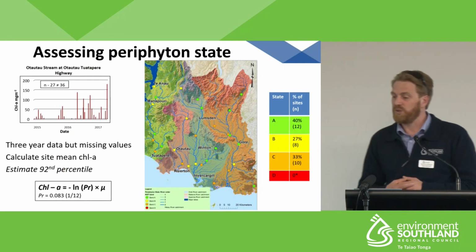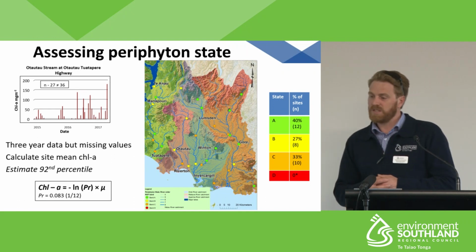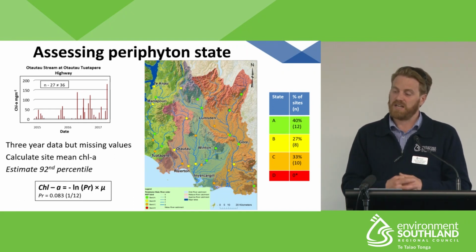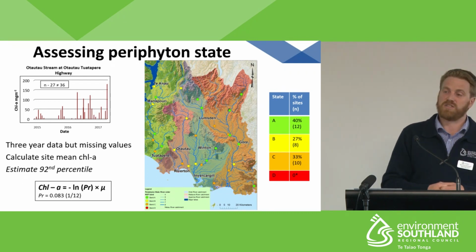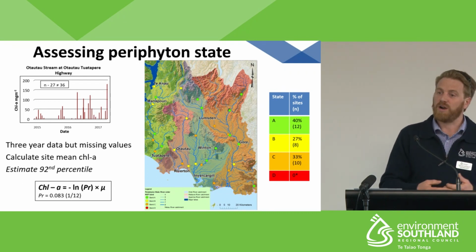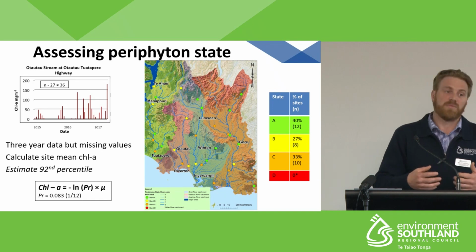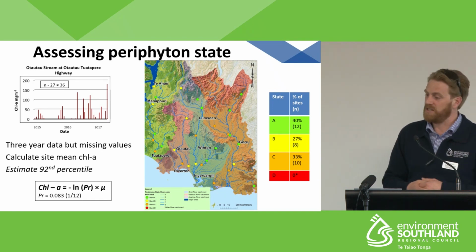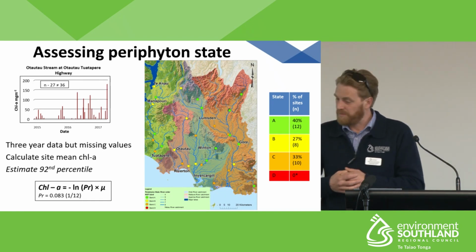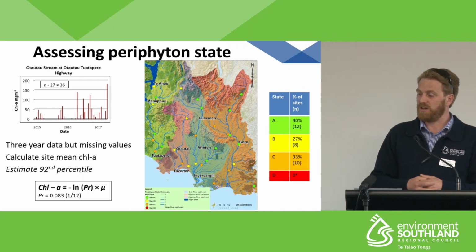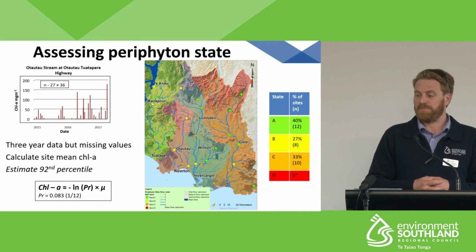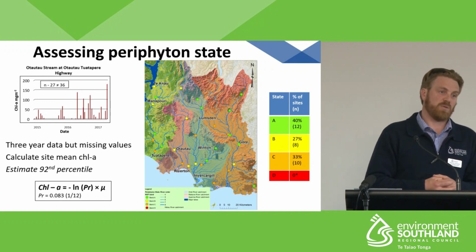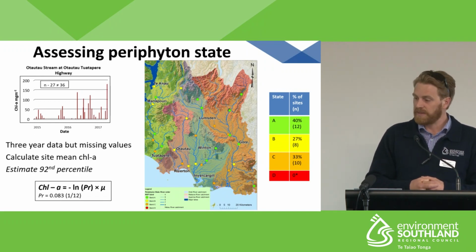So moving on to the assessment, we have taken our monthly data, with missing observations in many cases owing to high river flows that prevent observations being made. There's an example up on the top left of this slide from the Atautau stream, showing 27 observations made over that 3 year period rather than 36.